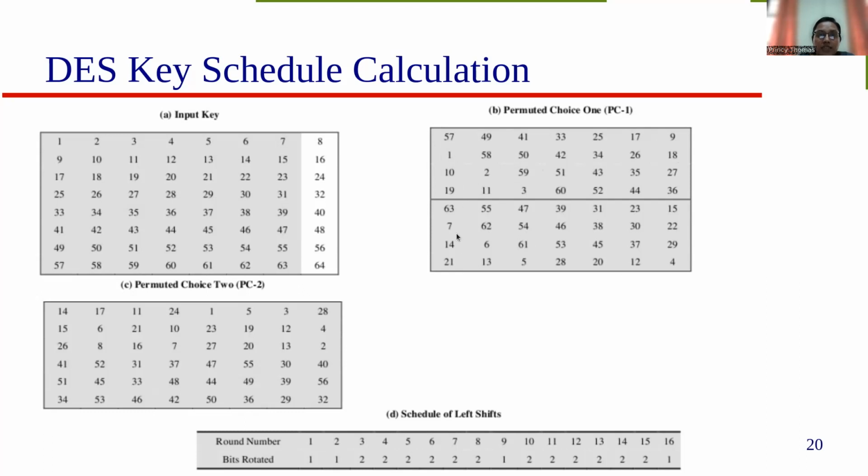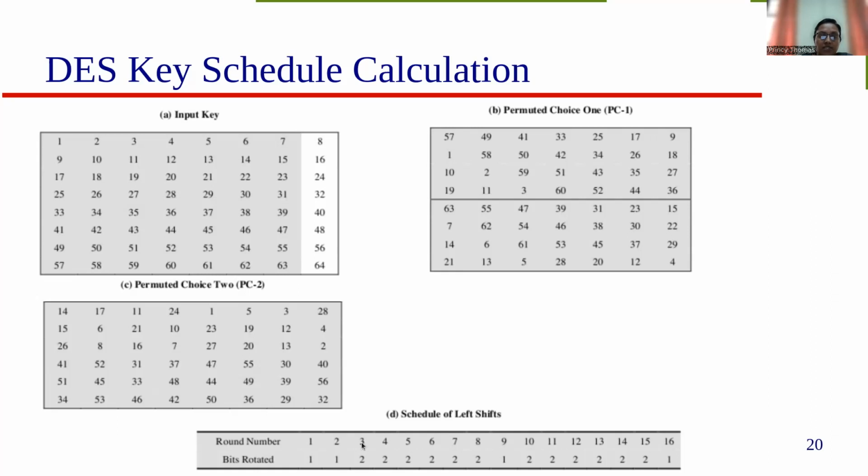The 56-bit output is then shifted. How many times? You can see over here, in the first round, the output of permutation choice 1 is left shifted once and then given to permutation choice 2. In the case of round number 2, it is shifted once.